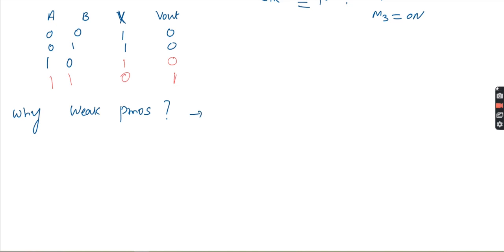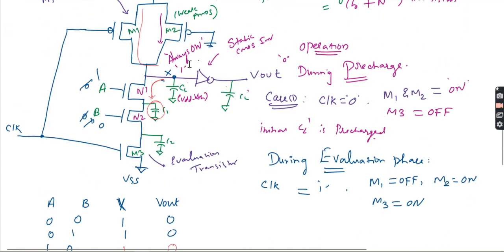It helps to keep the output logic at 1, for that purpose only. Because you can see, if it is very weak and always on, this transistor will always try to keep the X position at 1 only. Why? Because when I have a series of transistors over there, this will try to discharge completely.